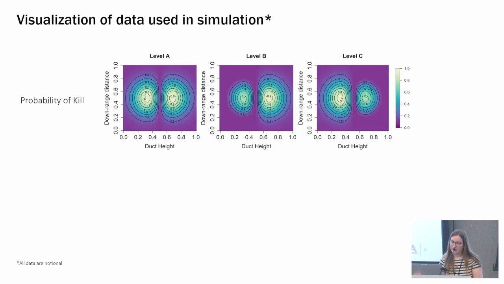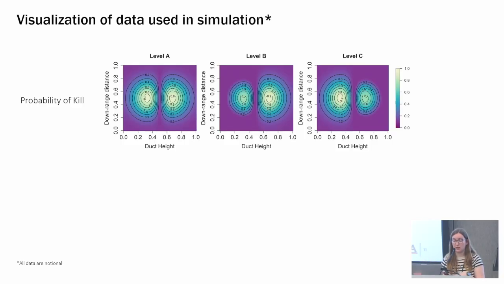So to test these methods, I did a simulation that is looking at the probability of kill of a weapon that we think has 2 continuous inputs and 1 categorical input with 3 levels. So on the screen here, there are 3 panels. Each one of the panels is one of the categorical levels that we're looking at, and each one has an x-axis and y-axis, which corresponds to the 2 continuous inputs.